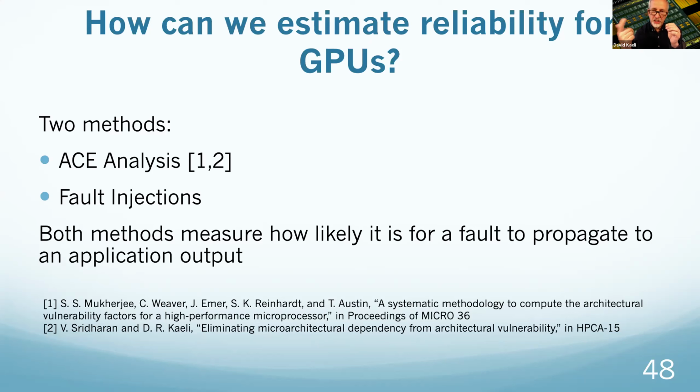Will we see a change in the result of the computation? This is how ACE analysis works. It does a bit of an over computation on how susceptible you are to faults.